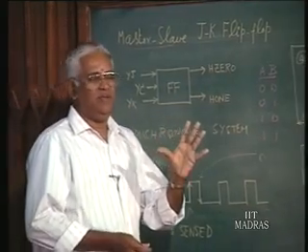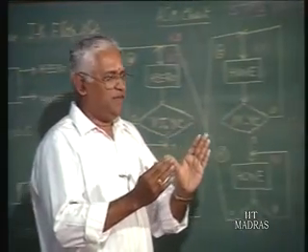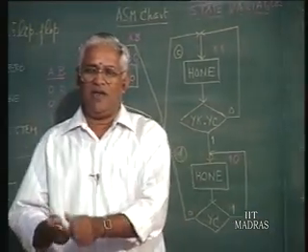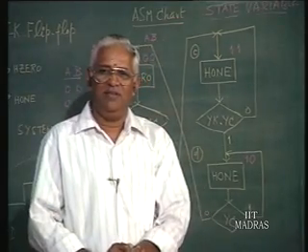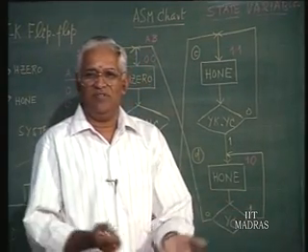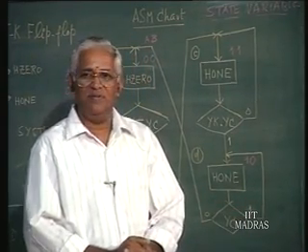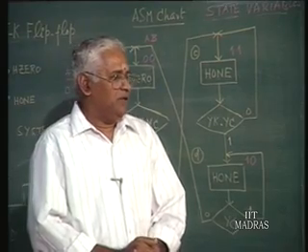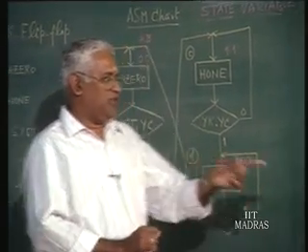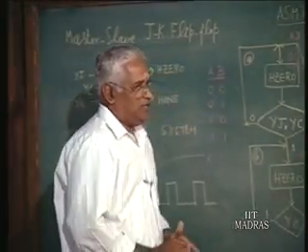And that information, when it is given to the controller, we are actually implementing the flip-flop itself, that particular element itself. Agreed? So we will continue further on with this in the next lecture.